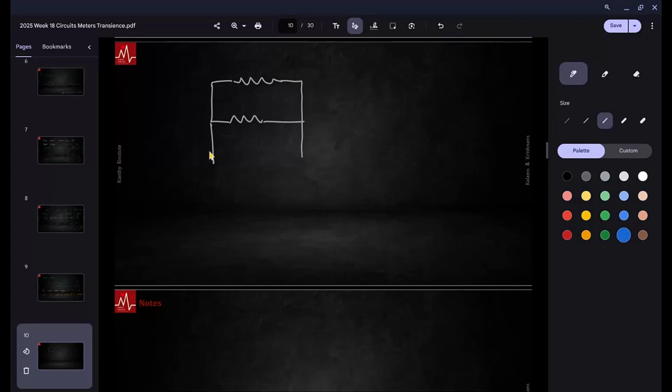Okay, now you've got your I max. When I send I max, the current through RM is IFSM.